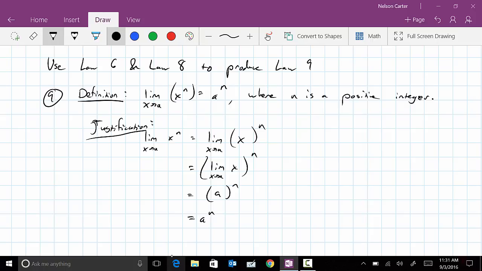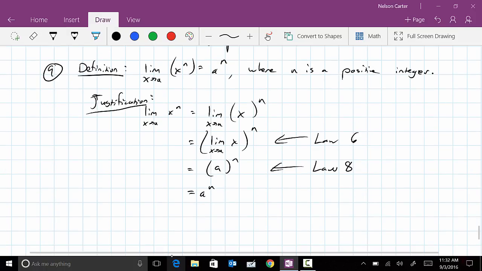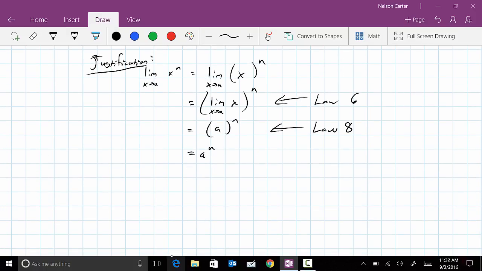Here's our justification. This comes from Law 6. We applied Law 6 there, and then here we applied Law 8, and we came up with this justification. So that's Law 9.